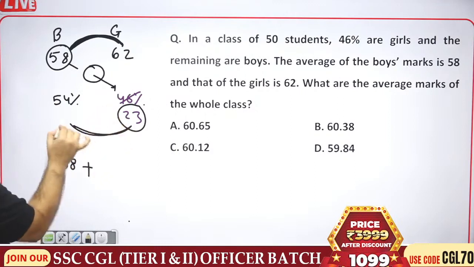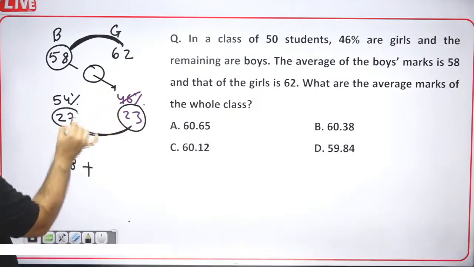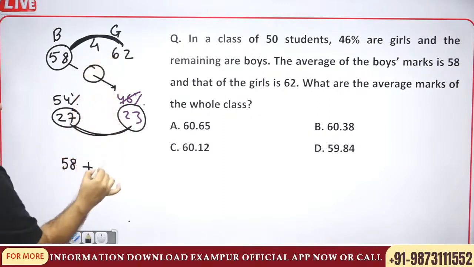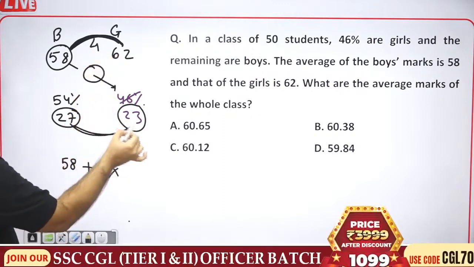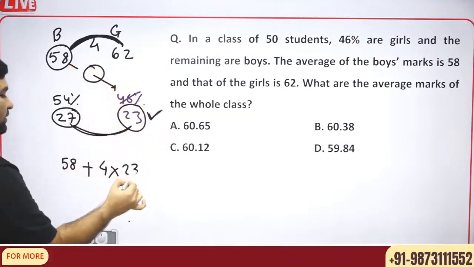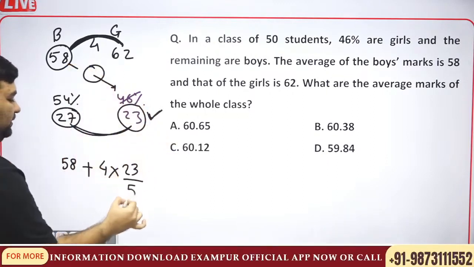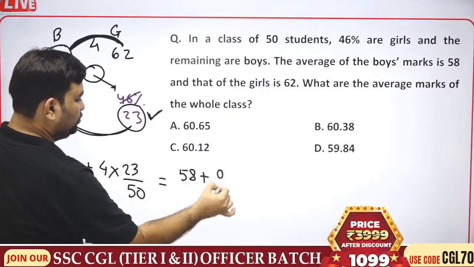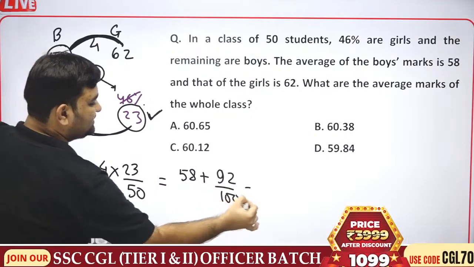So this is 23, this is 27. So the difference is 4. Find out the value of this opposite 23, where the total is 50. 58 plus 92 divided by 100, obviously less than 1.